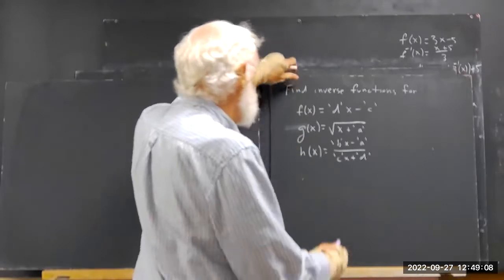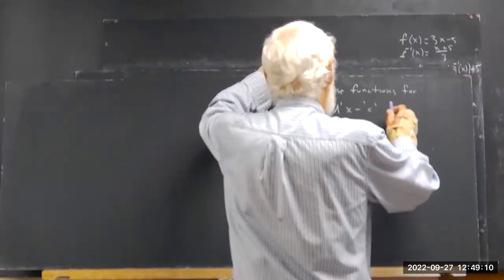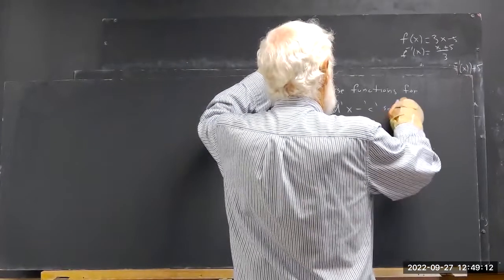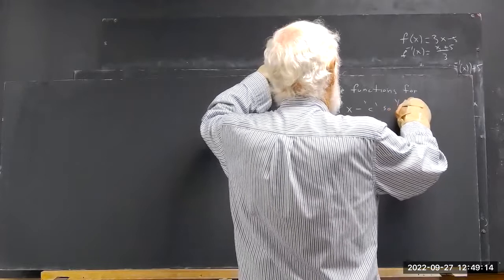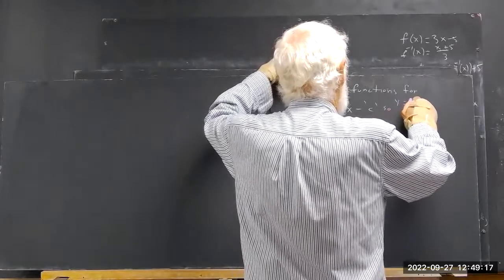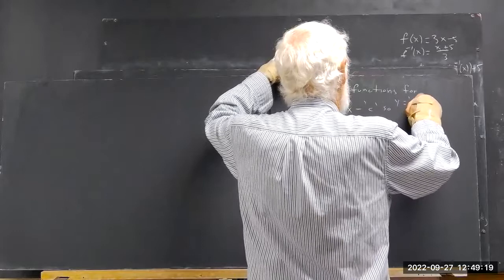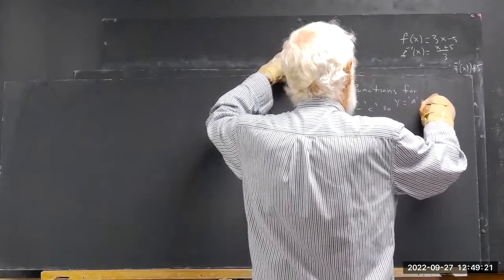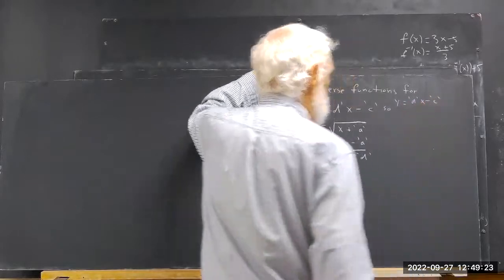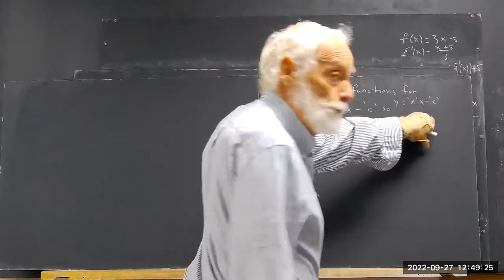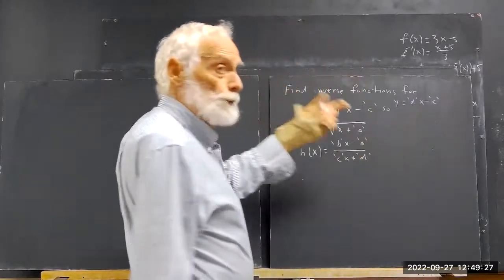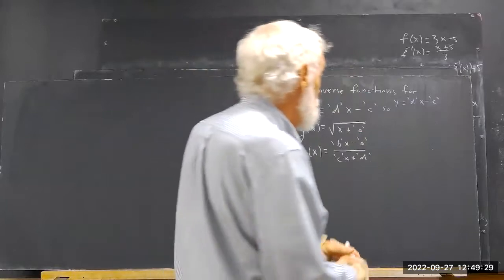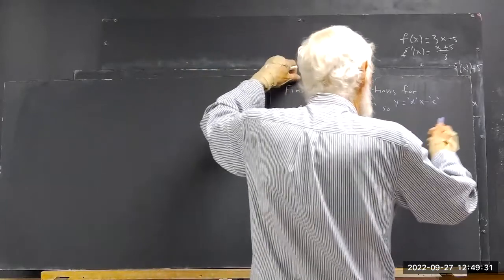Okay, this means I'll just use the symbols for right now. Whatever your numbers are, you write y equals that, because y equals f of x. That's a usual idea. Okay, there's more to it than that.